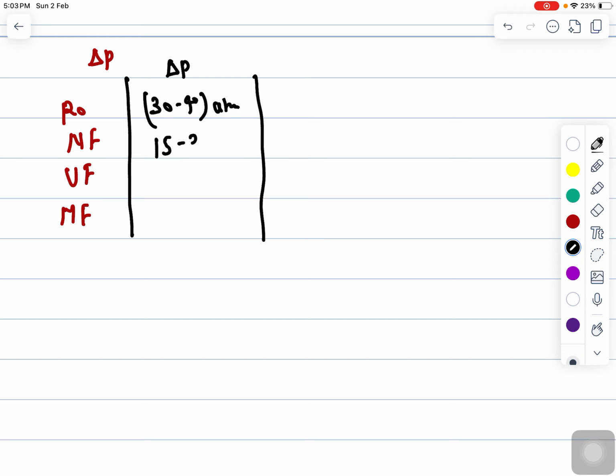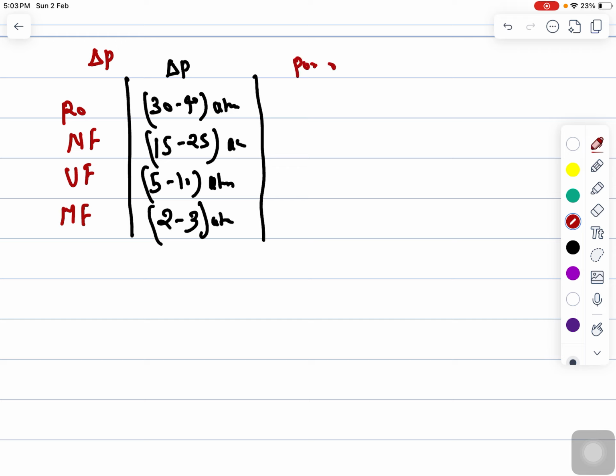After that was 15 to 25 atm, then it got reduced to 5 to 10 atm, and here it is very low, 2 to 3 atm. So the pressure drop required is highest in RO and lowest in MF, but the pore size was highest in these things.